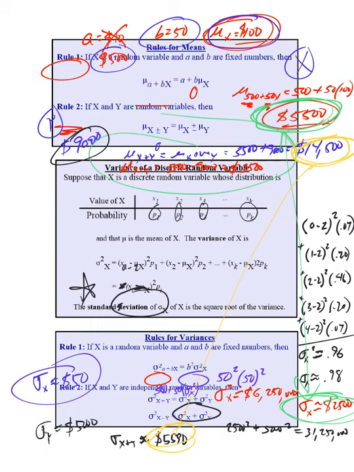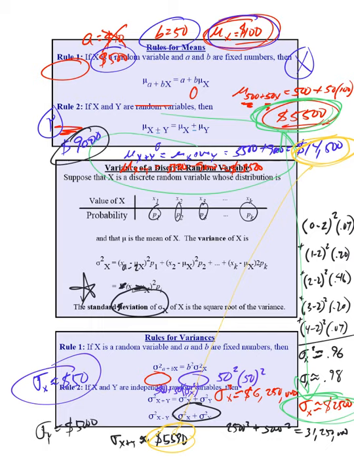Now, two last notes about Rule 2. One is that they need to be independent for this to work, and that has to do with the calculations and the probability distributions and the likelihood of certain events.